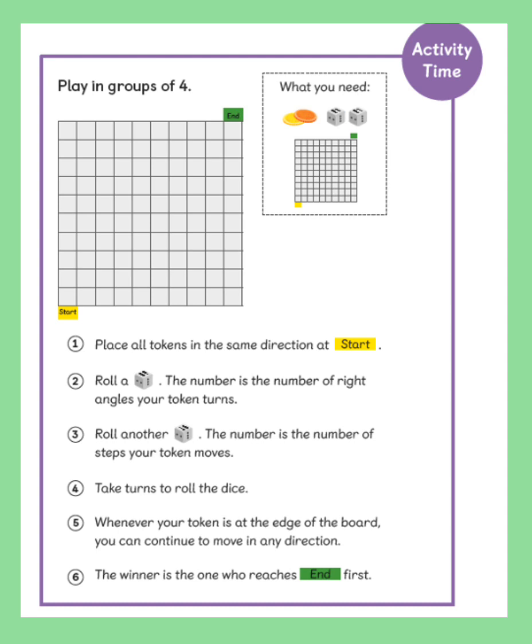Then take turns with the other people in the game to roll the dice. Oh, a really important one here. Whenever your token is at the edge of the board, you can continue to move in any direction. And number 6, the winner is the one who reaches the end first.